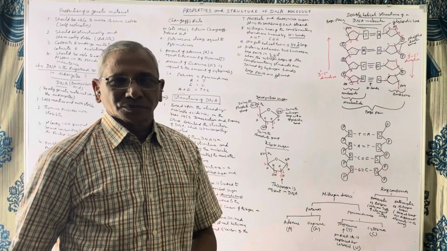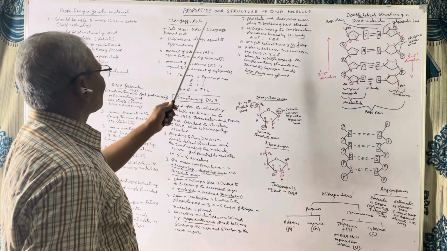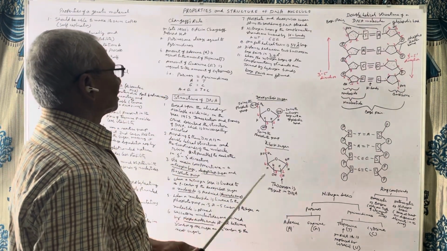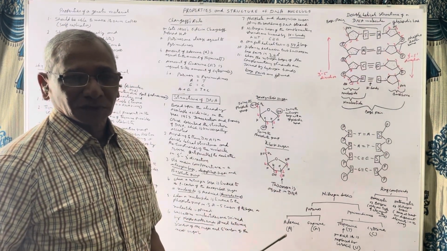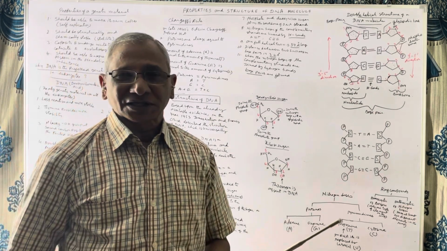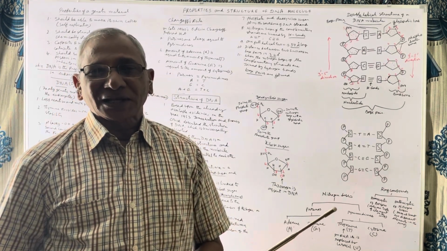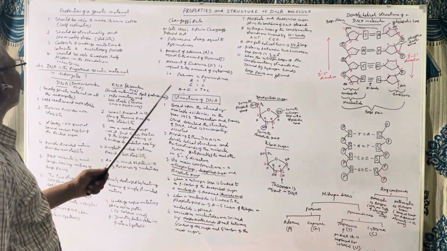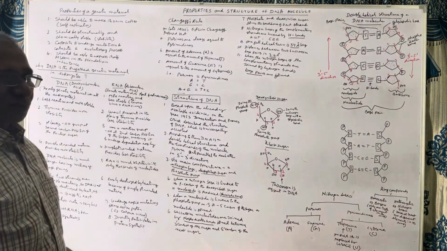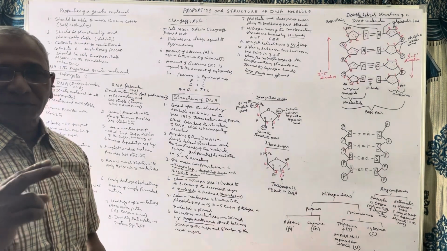Today, I am going to take up the topic properties and structure of DNA molecule. DNA, you know that it is the hereditary material present in all eukaryotes. Then, there are two types of genetic material.